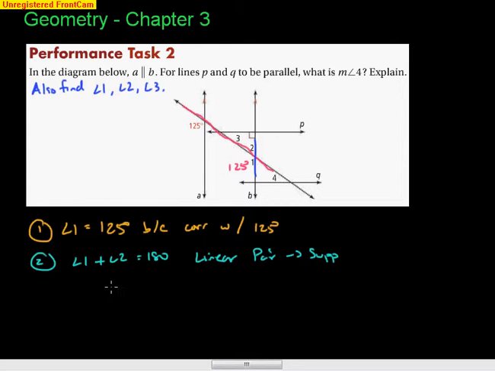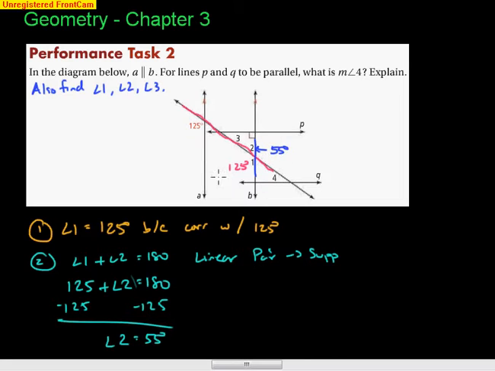So I know that angle 1 is 125. Subtract 125, and I get angle 2 to be 55 degrees. So angle 2 is 55 degrees.